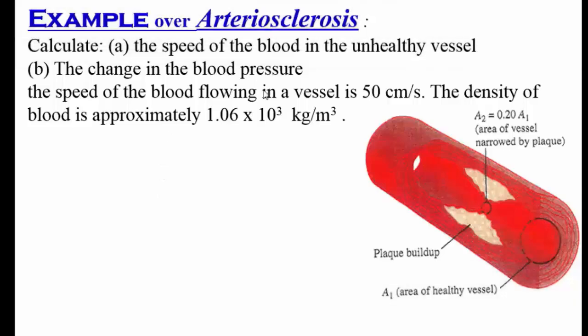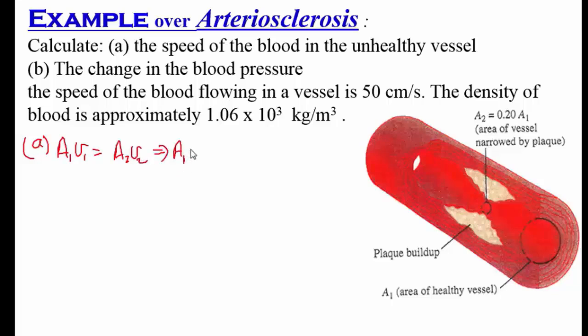Now let's try to find the speed of the blood in the unhealthy vessel and also the change in the pressure. So to solve the problem, since we have two unknowns, again we'll start with the continuity equation, and we can write A2 in terms of A1. A2 is 0.2 A1 or 1/5 of A1.